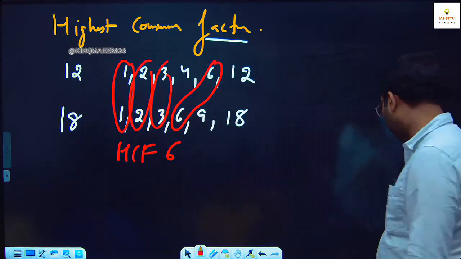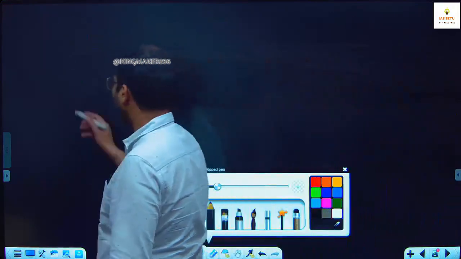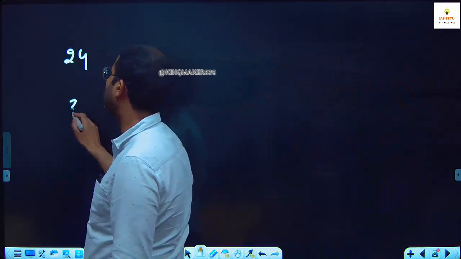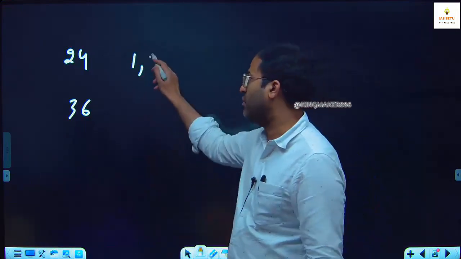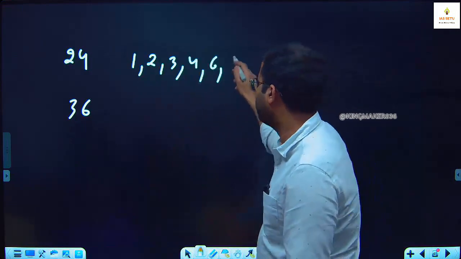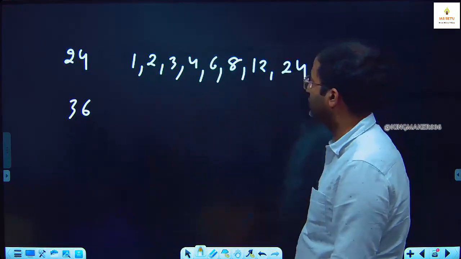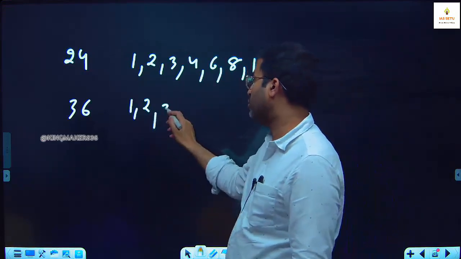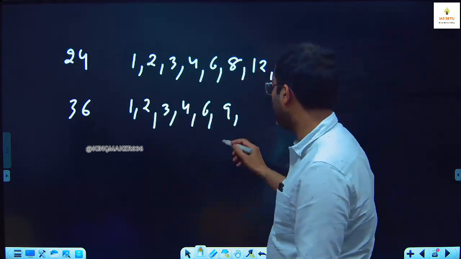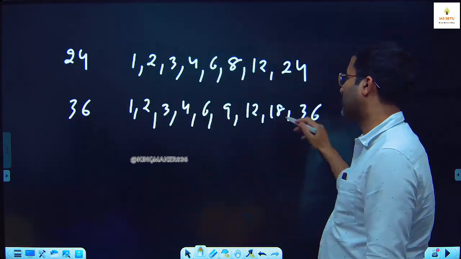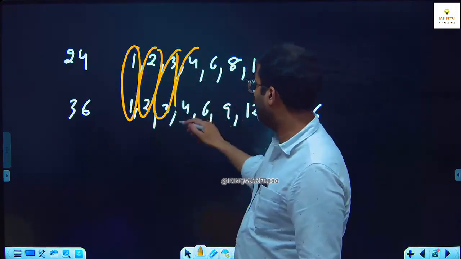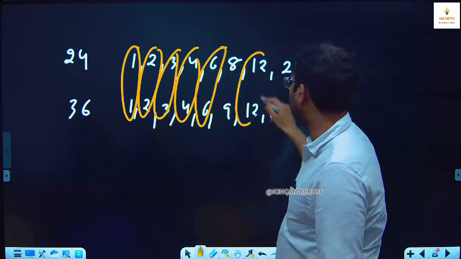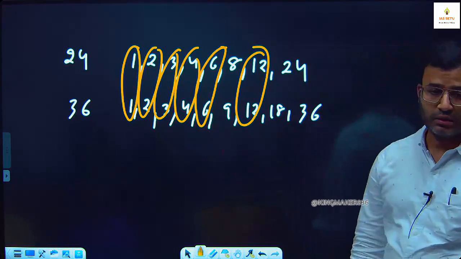एक example और ले लो. Like for example 24 and 36. ठीक है, हमें HCF निकालना है. कुछ नहीं, बेसिक मेथड है. It is 6th standard method. Take factors: 1, 2, 3, 4, 6, 8, 12, 24. इसके फैक्टर क्या क्या हो जाएंगे? 1, 2, 3, 4, 6, 9, 12, 18, 36. कॉमन फैक्टर 1, 2, 3, 4, 6, 12. ठीक है.